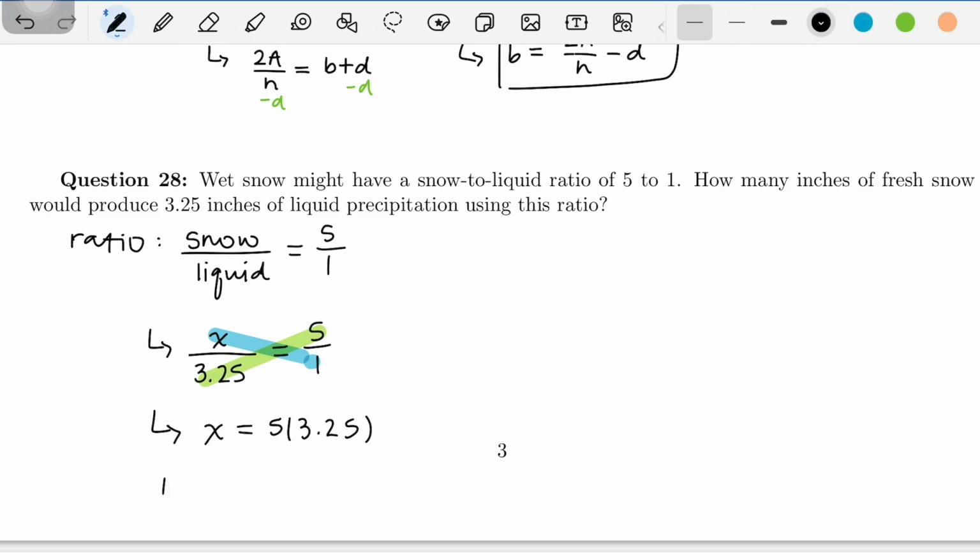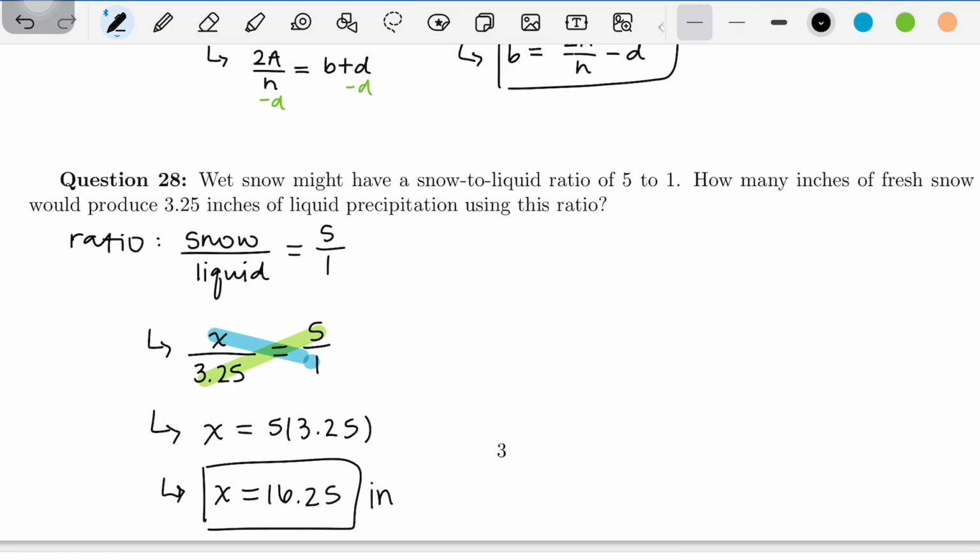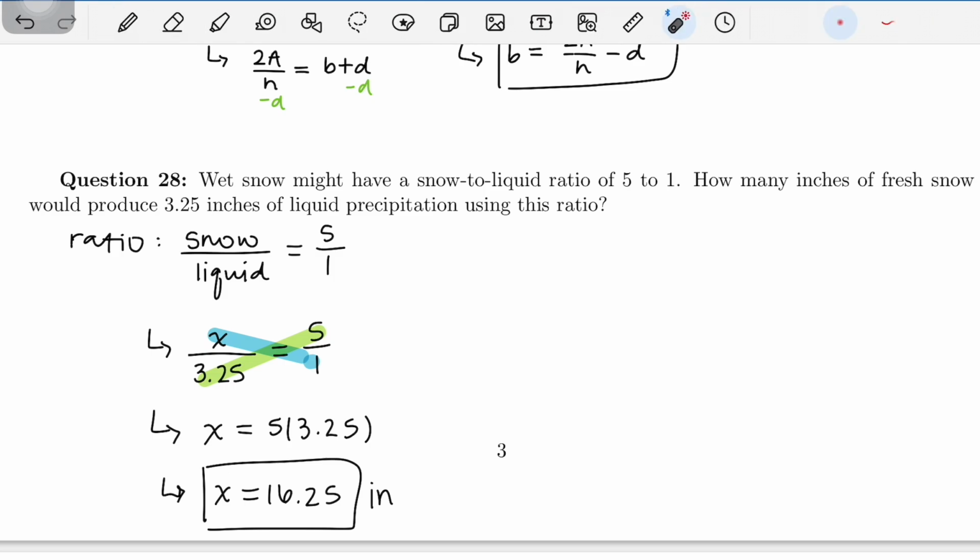So multiplying these together, we're going to get x is equal to 16.25 inches of snow. So this means that 16.25 inches of snow would produce 3.25 inches of liquid.